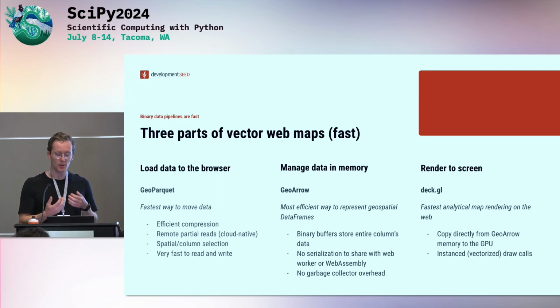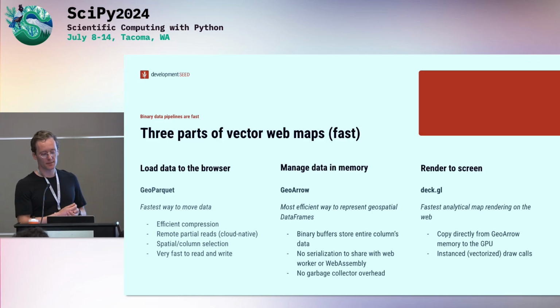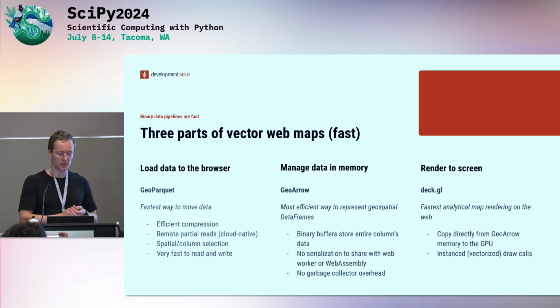So instead, we can use binary data at each step of the process and make this a lot faster. Lonboard is loading data to the browser using GeoParquet, which is really, really efficient in its compression, and also has some nice features like it's cloud native, so you can read portions of the file without reading the entire file.